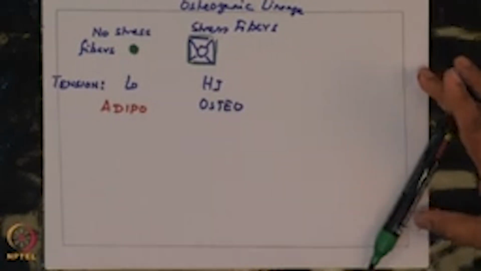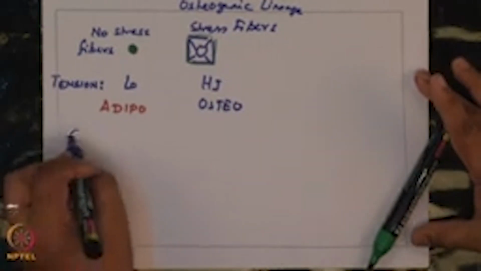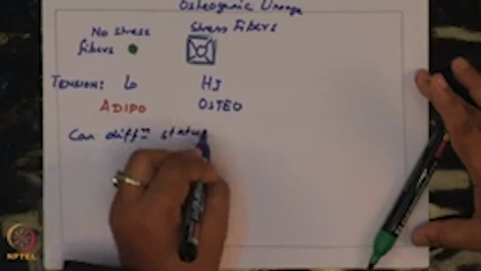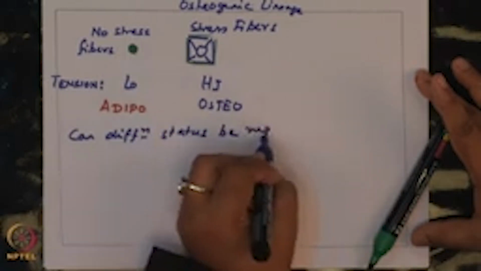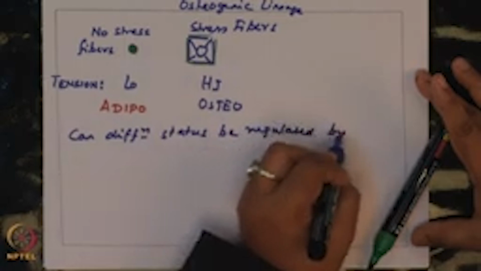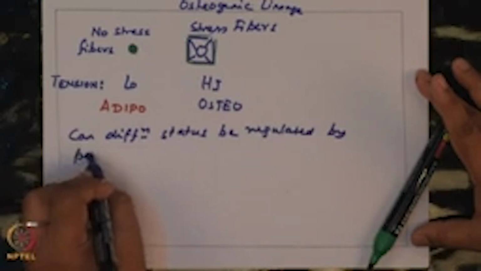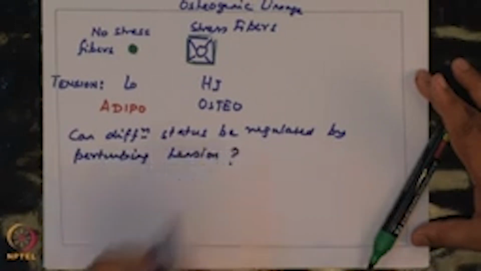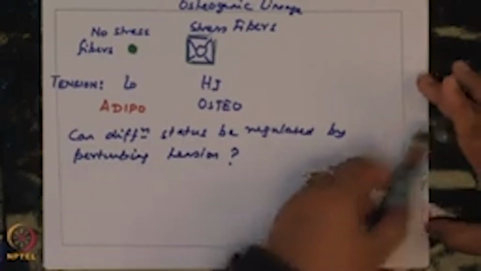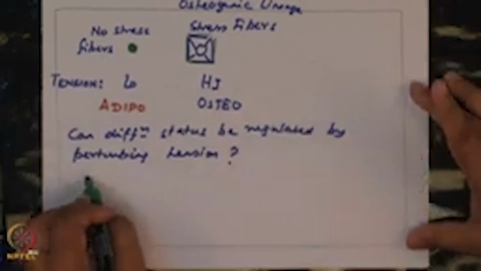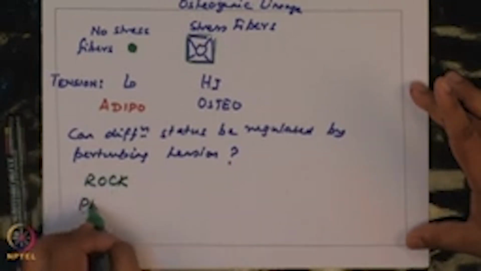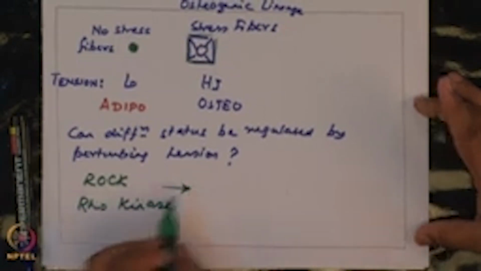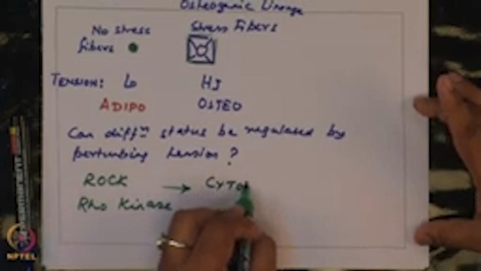So, they then asked, can differentiation status be regulated by perturbing tension? And what they found was, they perturbed tension using, so you have rho kinase, which is one of the signaling pathways which directly mediates cytoskeletal tension.